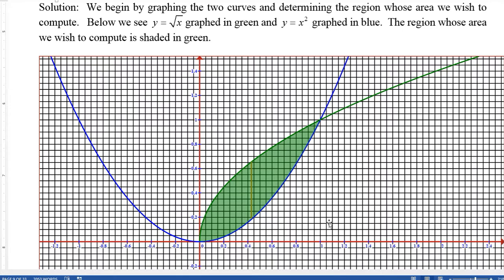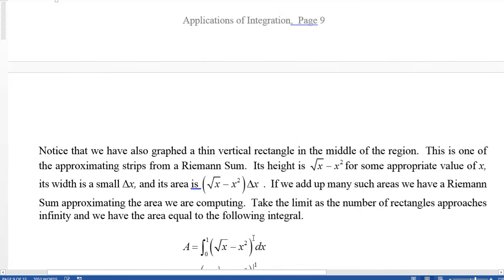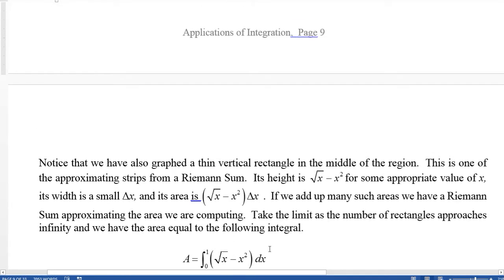If we take the limit of that, we get a definite integral, and our thickness becomes dx. That is what happens to the delta x when we take the limit as n goes to infinity: delta x goes to 0, and we replace it by dx. We replace our function by the same function, and we're integrating from 0 to 1.